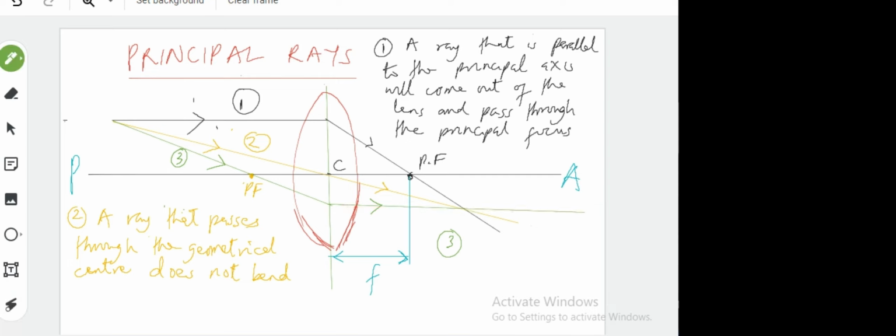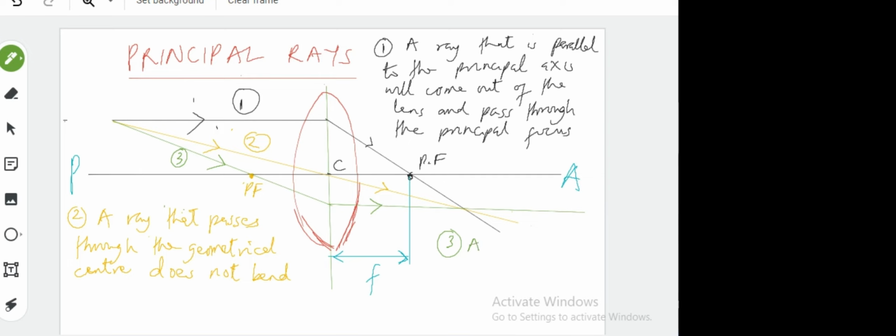Yes, let me write it. Sorry, I didn't look at number 2 yet. A ray that passes through the geometrical center.